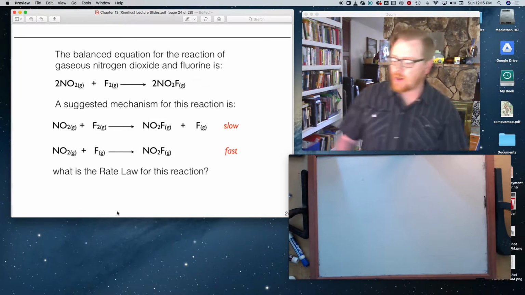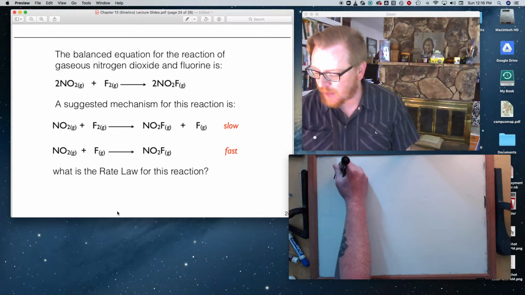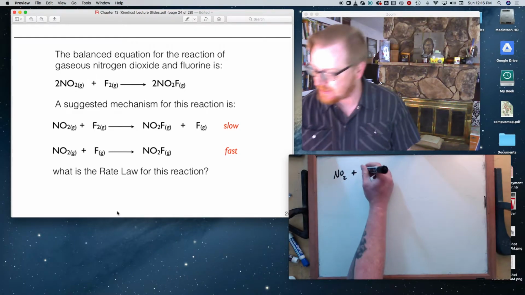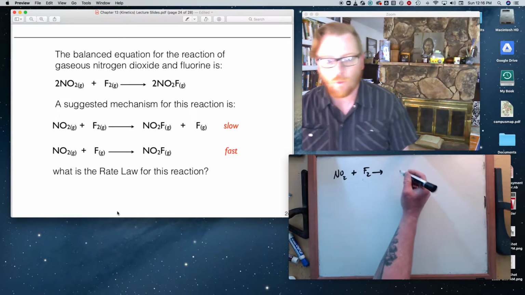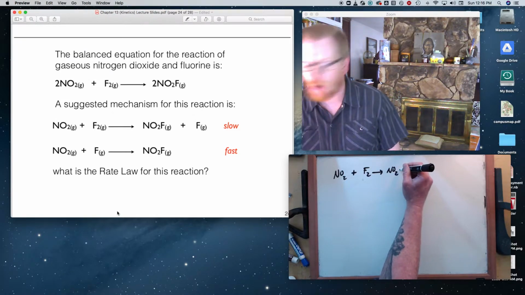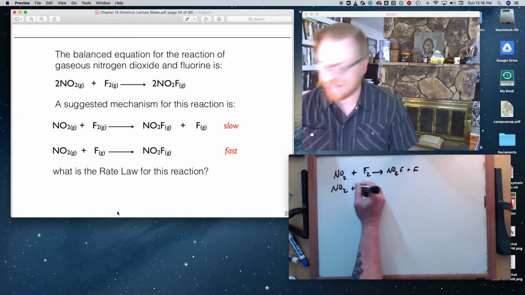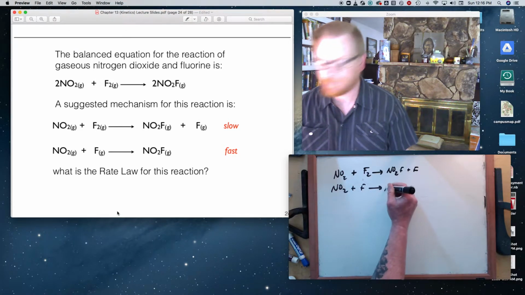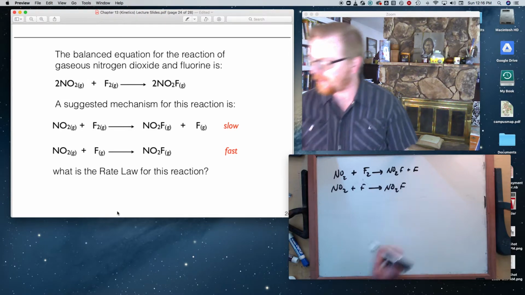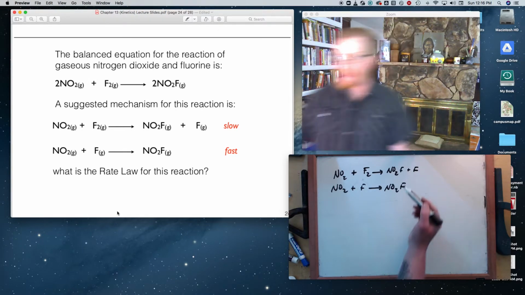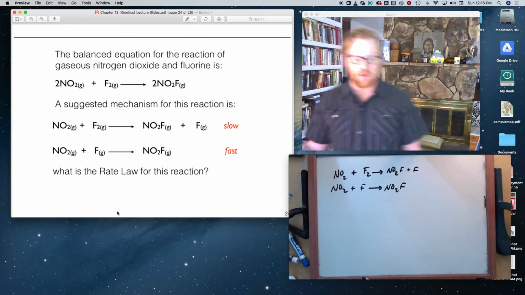Well, first of all, let's just see if this reaction mechanism is consistent with the total balanced reaction. Okay, so I'm going to write down the individual steps. And we note here that we can see right away F atom is an intermediate, right?